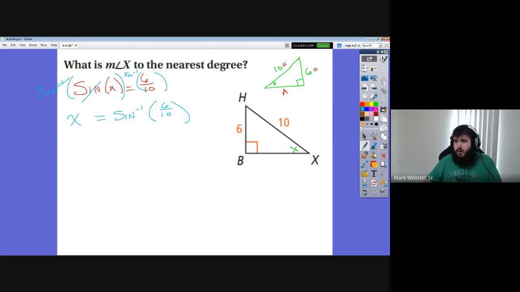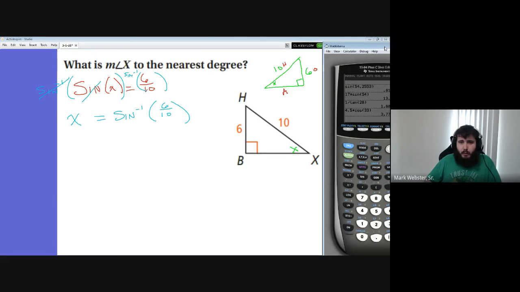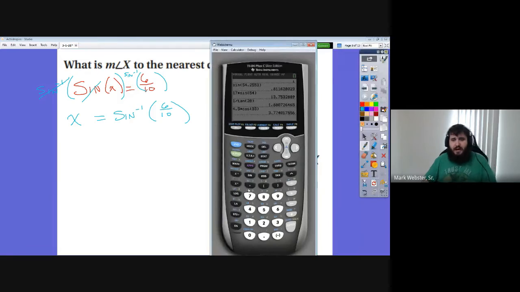All right, so let me show you. You'll notice on your calculator where the sine button is, if you go above it, there'll be a little sine -1 button. So here we hit the second because that's what makes us do the blue things. Second, sine, and see how I get sine -1 right here? That's what I'm looking for. And I want to take sine -1 of 6 over 10.